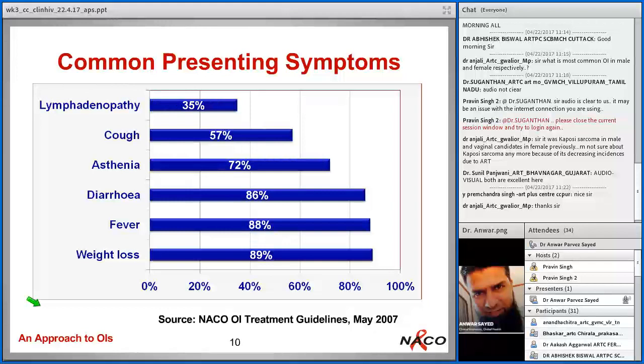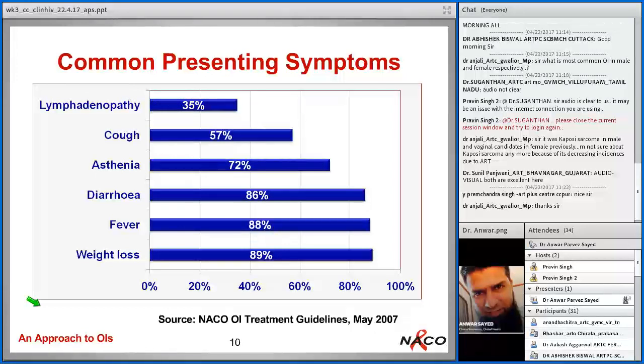Commonly, people present with weight loss, anorexia, asthenia or weakness, fever, and diarrhea. But people who have respiratory OIs will have cough; in other words, it depends on the system which is involved. People who have CNS OIs will have CNS manifestations.